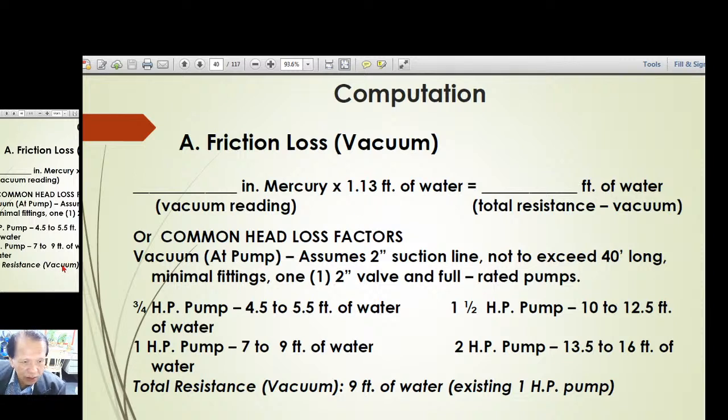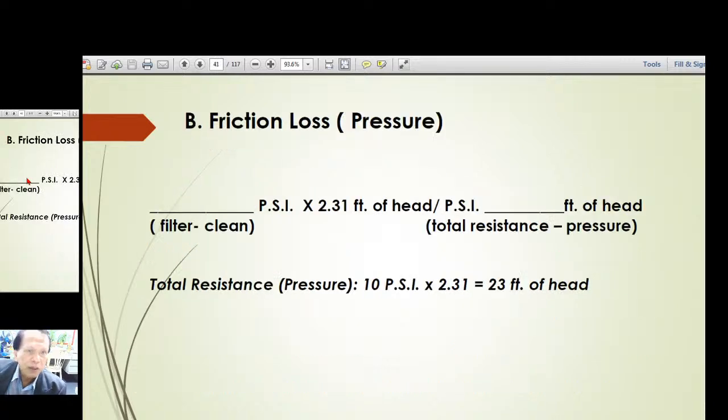So total resistance vacuum is 9 feet of water for the existing 1 horsepower pump. Okay. Friction loss in PSI, filter clean, is 2.31 feet of head per pound per square inch of PSI. So therefore, total resistance pressure is 10 PSI times 2.31, or 23 feet of head.